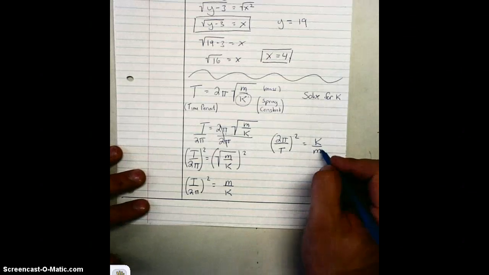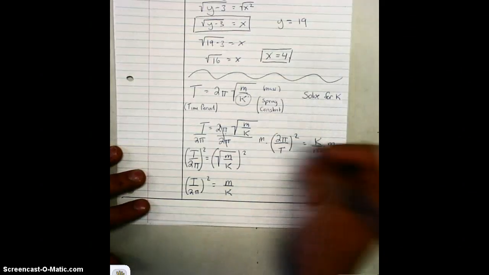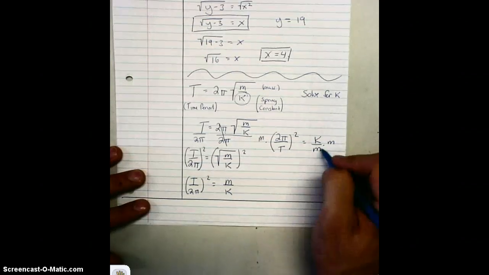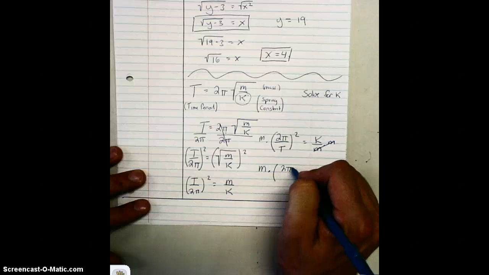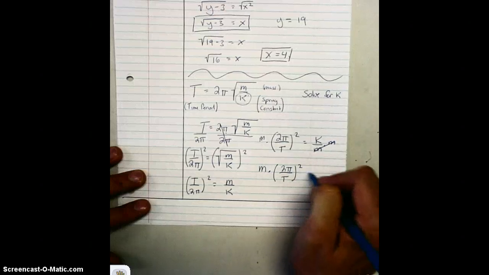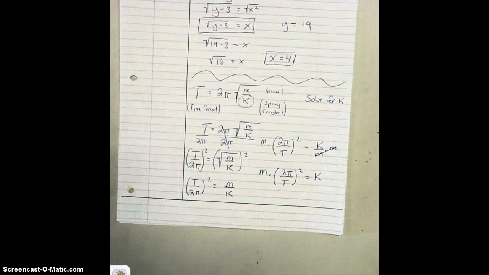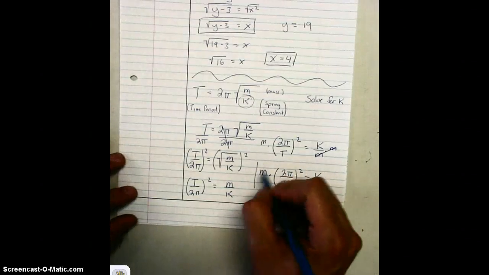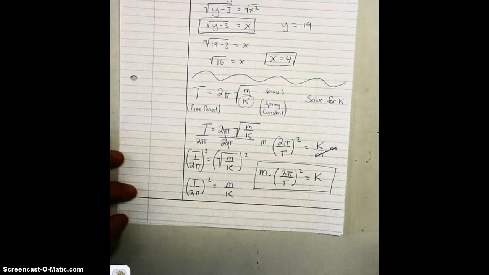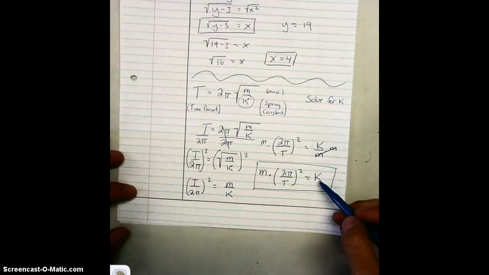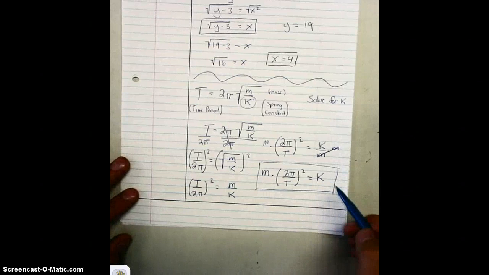And finally, we need to get rid of this m, so let's multiply both sides by m. This cancels out, so m times 2 pi over T squared equals k. This is our final answer. We solved for k, we got it by itself, we made sure it was in the numerator, and we got all the other variables on the other side.